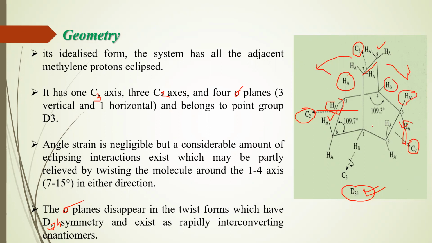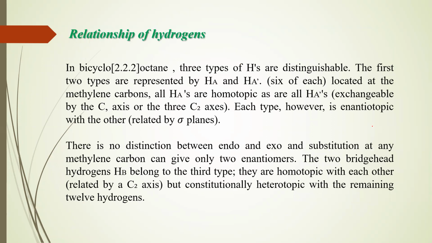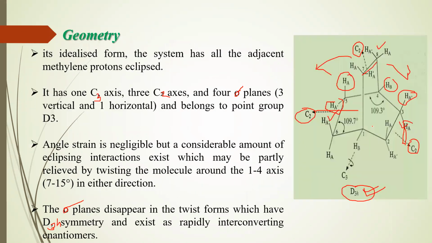Let us look at their relationship. In bicyclo 2,2,2-octane, 3 types of hydrogen are distinguishable. The first 2 types are represented as HA and H dash, each of the 6 located at the methyl group carbon atoms. How many HA and H dash groups are there here? There are 6: 1, 2, 3, 4, 5 and 6.